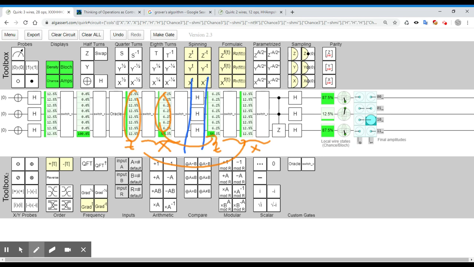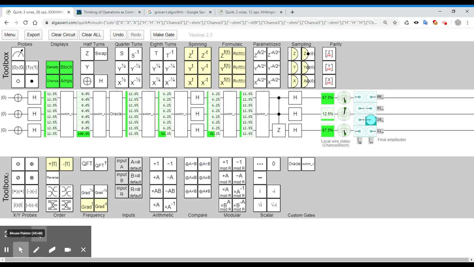Now, my next question is, is it worth going from here, or should I stick to Craig's notation? Let's try to do both. Let's try to stay here first. So let's clean that up. Good.